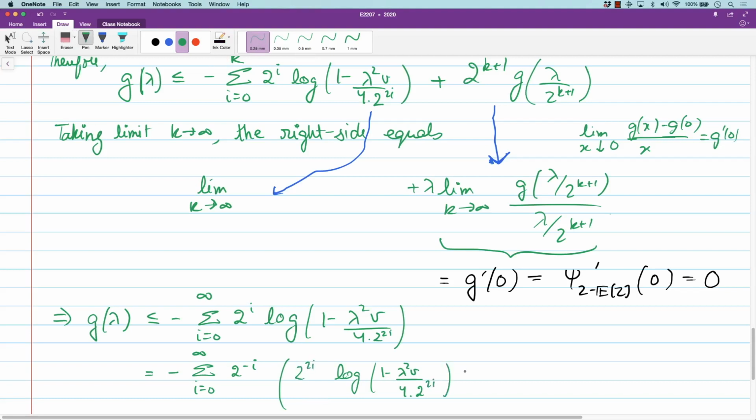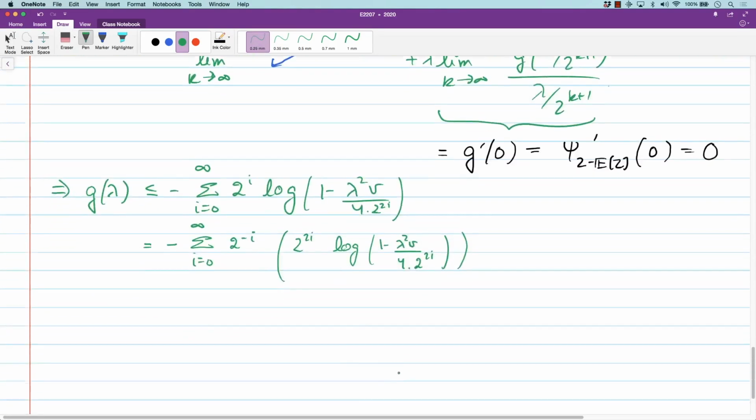That's how you can express it. And the reason I'm doing it this way is the following. Now if you look at this function here, it has this form of 1 by u log(1 minus xu), where u is a number between 0 and 1.